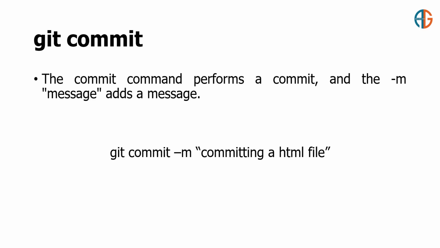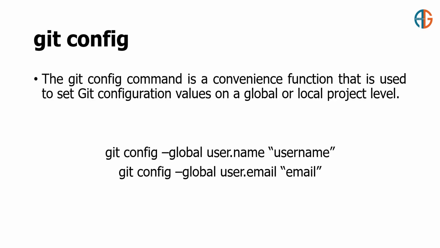We provide a message for that particular commit command, and this message will be preserved for that particular version of the file. The second time you commit another file, you will provide another message. By identifying these messages, you will be able to find out the versions of files which you have uploaded in the online repository.